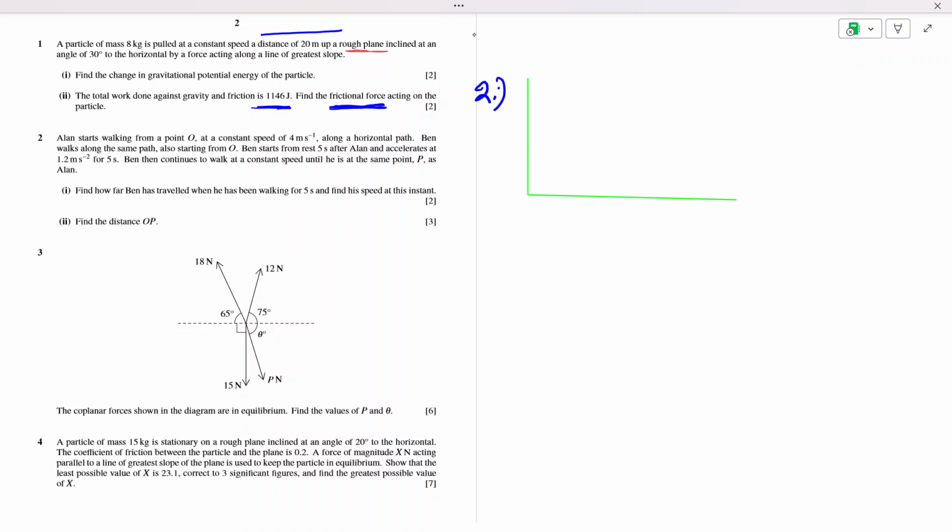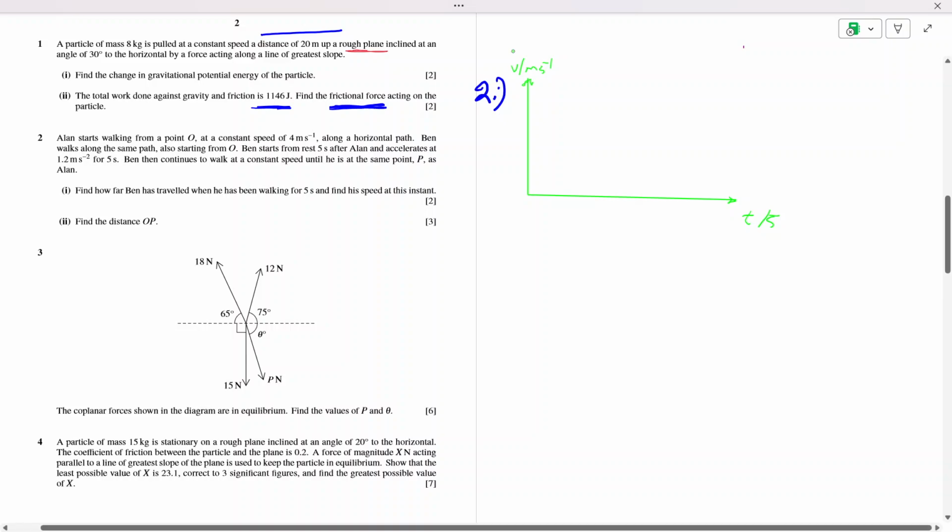Right, so this is the scenario that we have. This is V in meters per second, and this is T in seconds.